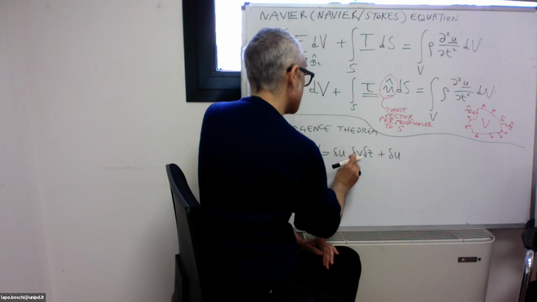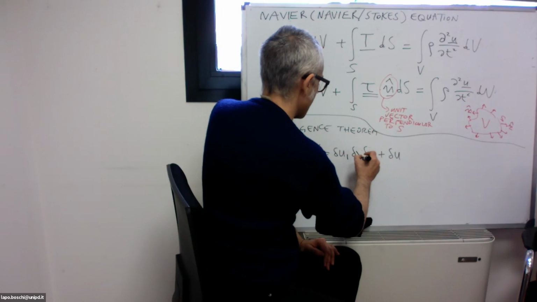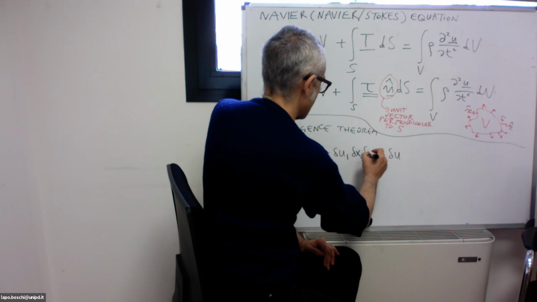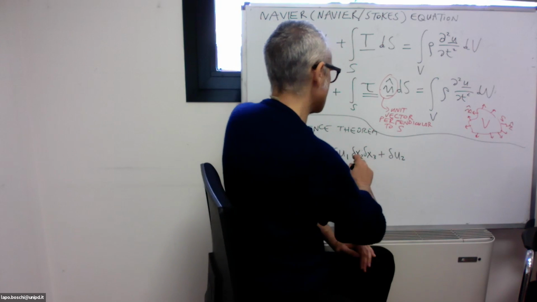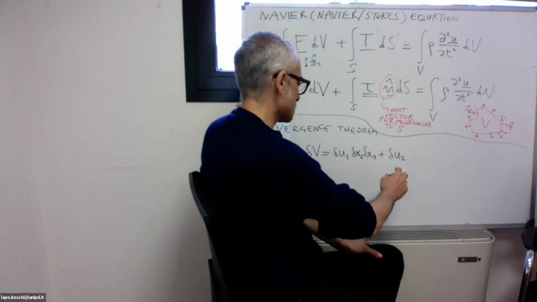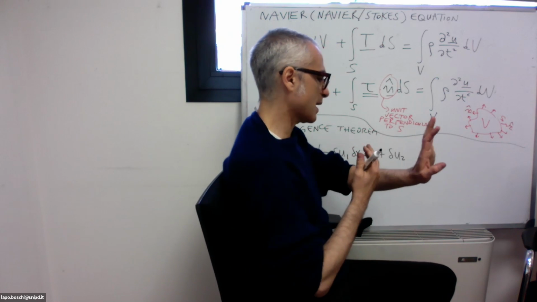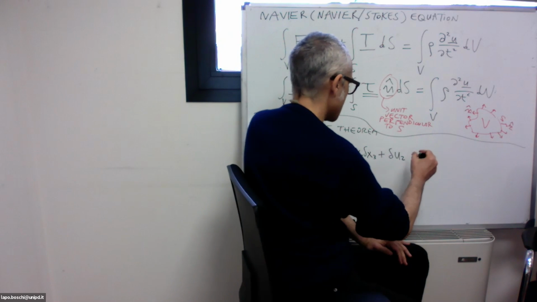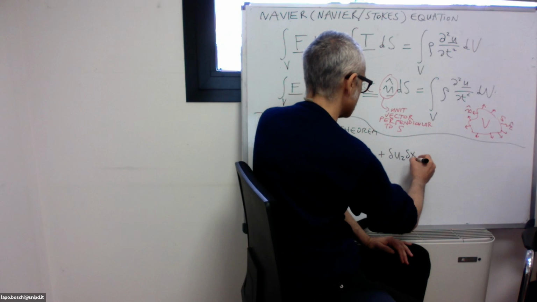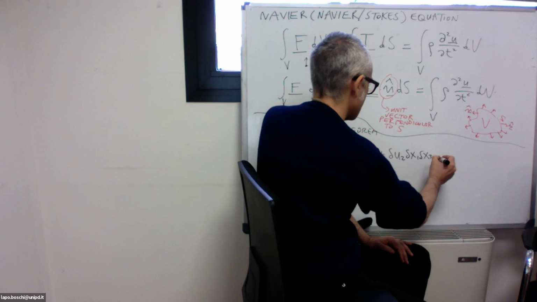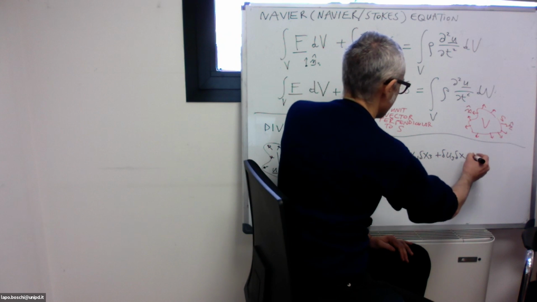Now let's stay with the new notation where we use numbers to denote the three axes. Instead of XYZ, we use 1, 2, 3, X1, X2, X3. So delta U2 is the change in displacement along the X2 direction, and I have to multiply it by the surface that's perpendicular to that, and so on and so forth.